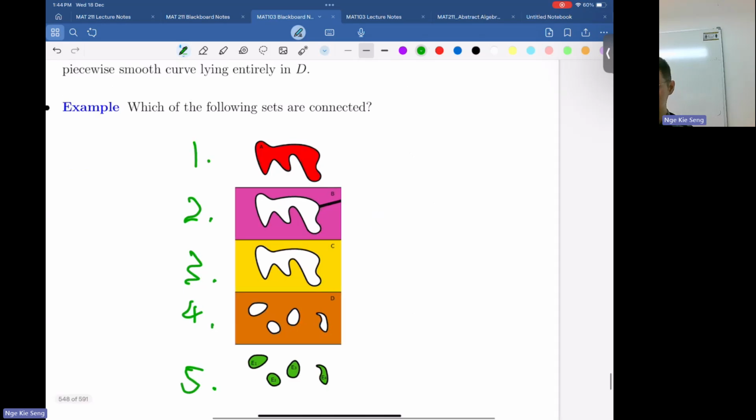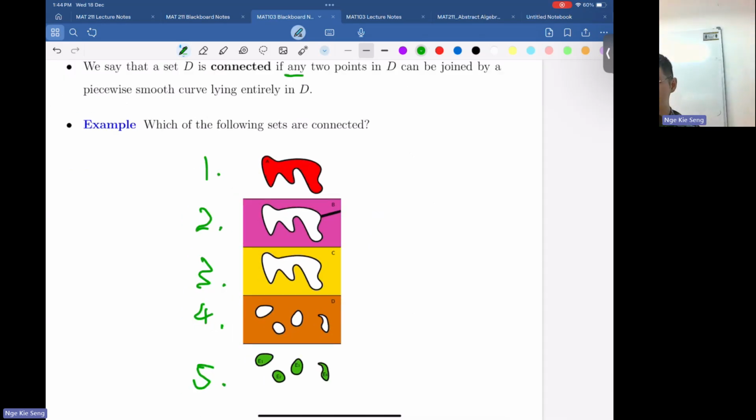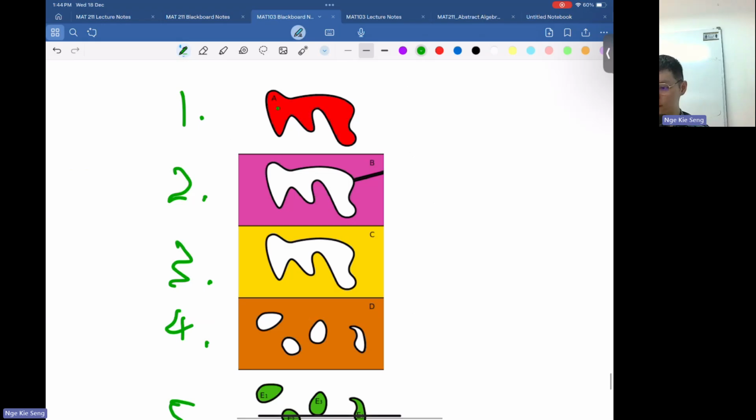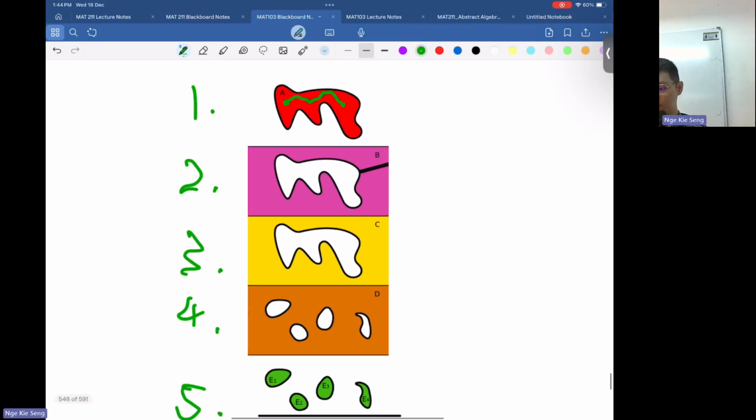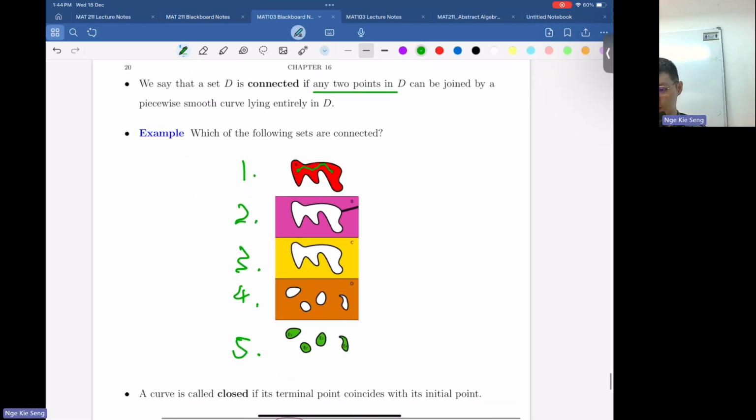A set is connected means that any two points in D, whichever two you choose, have a path connecting them. If you randomly take two points in set A, can you find a path that connects them? It seems true, because you can form any piecewise curve.